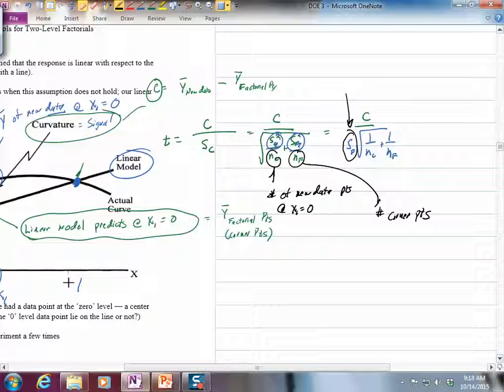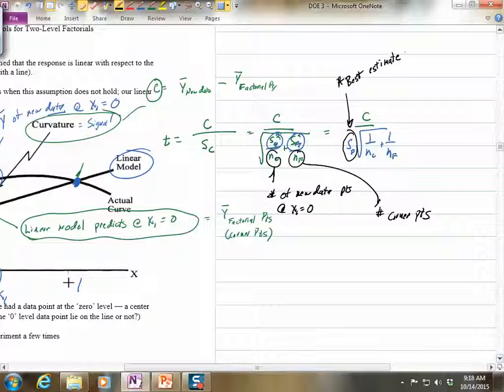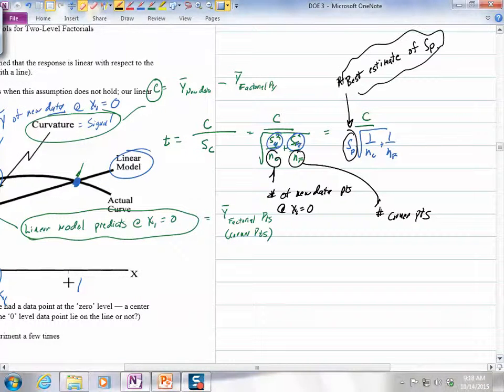This is the same as it always is. It's our pooled standard deviation. But one thing to note is we're always going to calculate our best estimate of SP. That's something that, flag this for this next exam. That's one of the common errors that I see on that next exam.